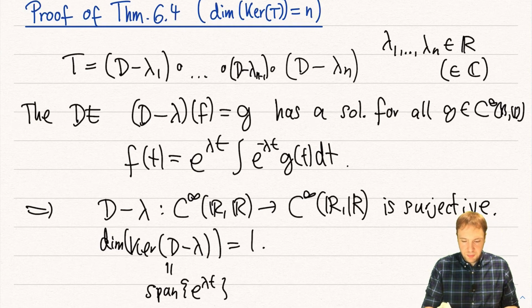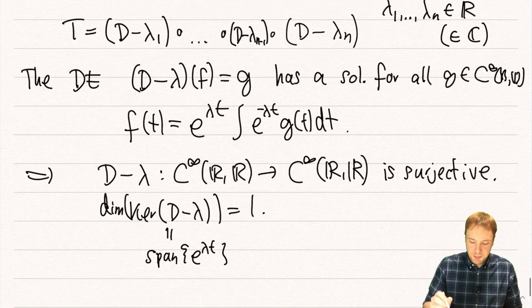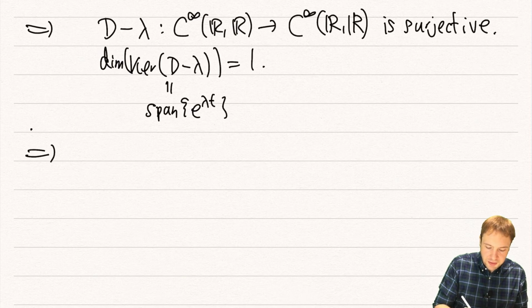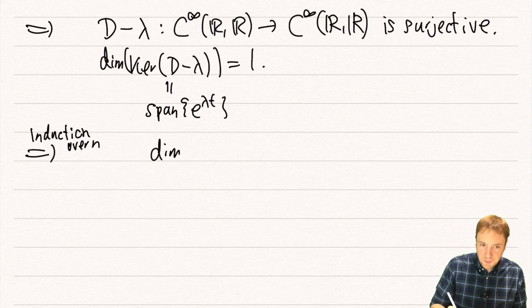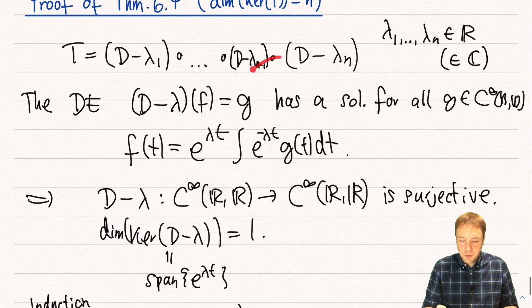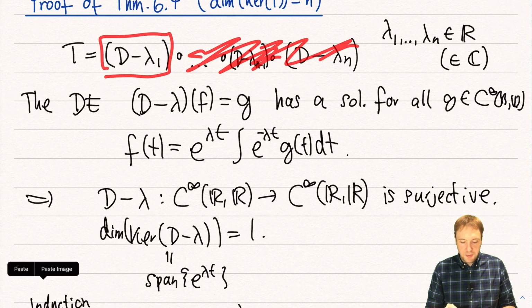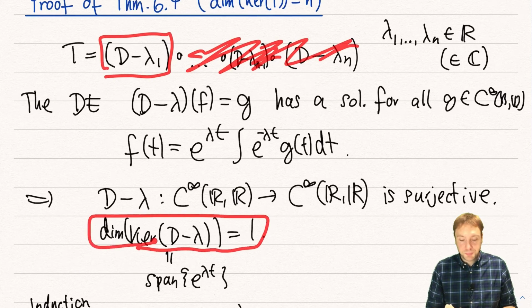So this is a differential operator, and by induction over n, we get that the dimension of the kernel of T is n, because in the n equals 1 case, if we just have this one thing here, we see that the dimension of the kernel is 1.